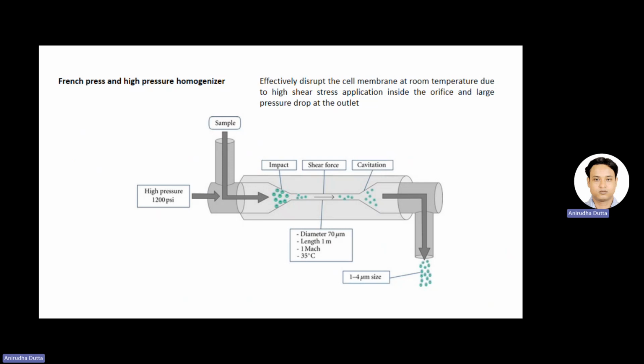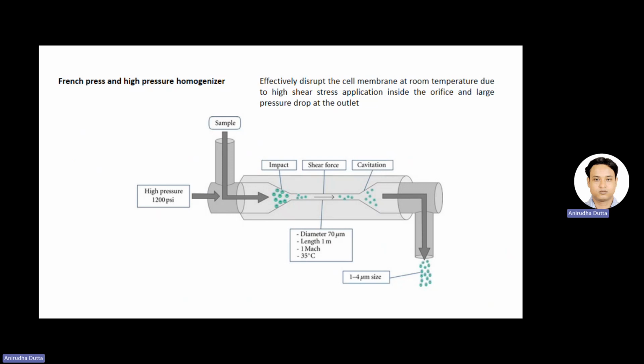Through the capillary, it faces the shearing force, and once the capillary ends, because of the sudden release of the pressure, there is cavitation. Because of all these forces, the cell wall and cell membrane get easily disrupted. This technique can also be scaled up, and it is one of the most useful and efficient techniques used for cell disruption.